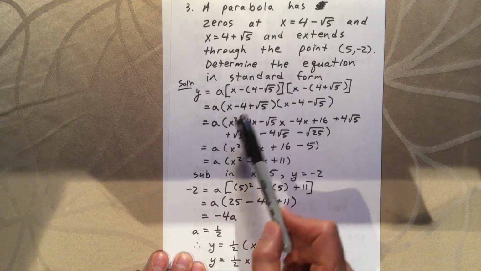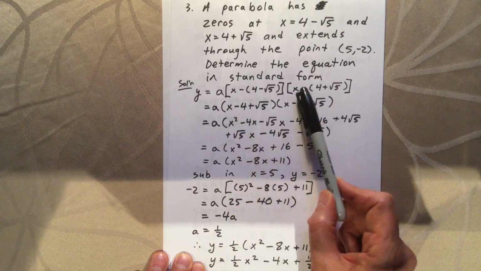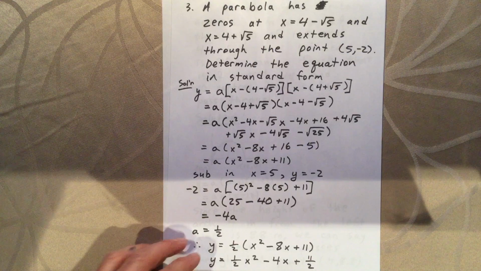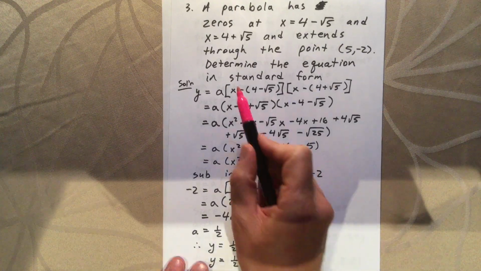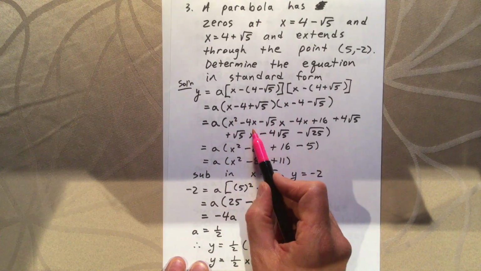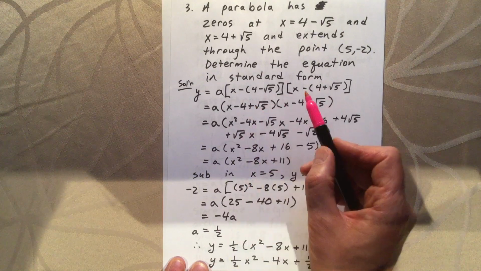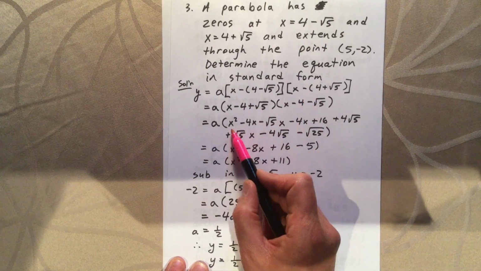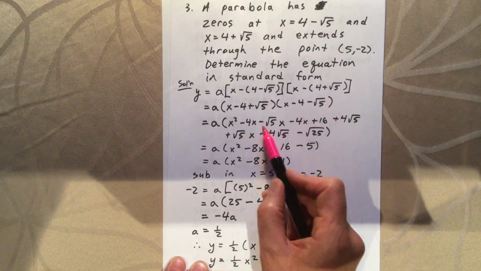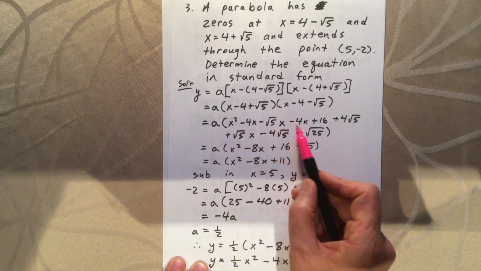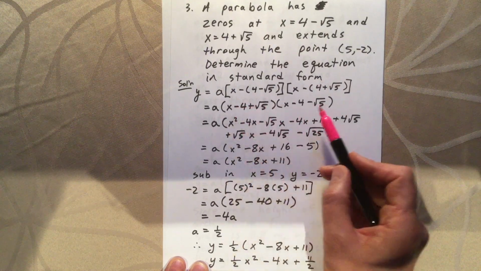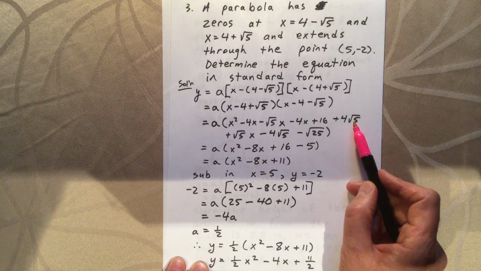Well, we distribute the minus sign in here, that gives us x minus 4 plus root 5. Distribute the minus sign here, that gives us x minus 4 minus root 5. And we still have the a in front. And now what we're going to do is distribute. x times x is x squared. -4 times x is -4x. x times x is x squared. x times -4 is -4x. x times -root 5 is -root 5 x. -4 times x is -4x. -4 times -4 is +16. -4 times -root 5 is +4 root 5.